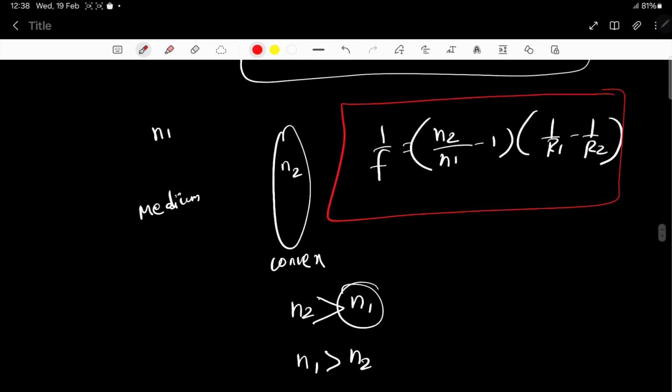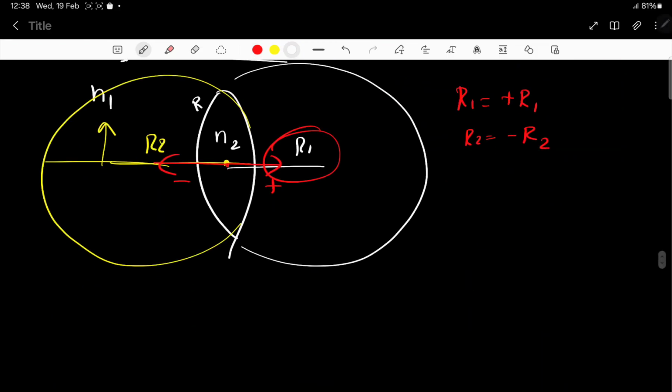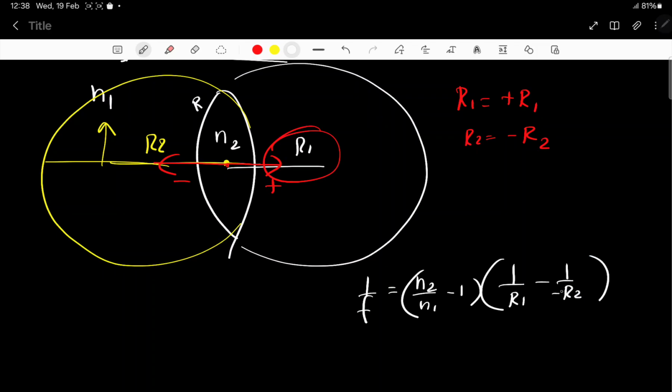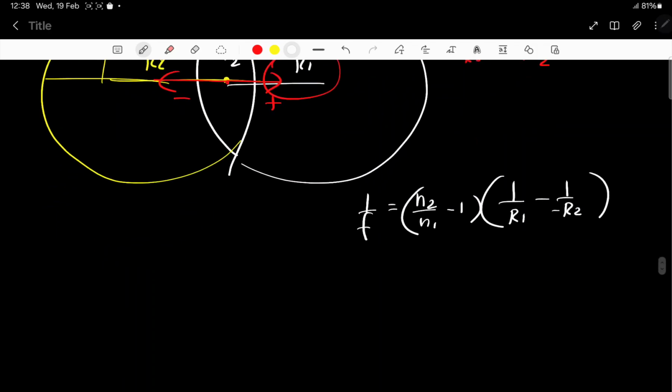So if you use this formula, then what I will have is 1 by f equal to (n2 by n1 minus 1) into (1 by R1, R1 is positive, minus of minus 1 by R2). So you will be getting plus.